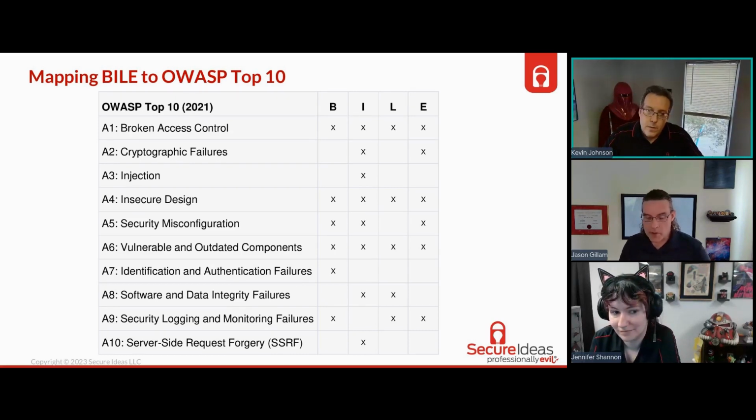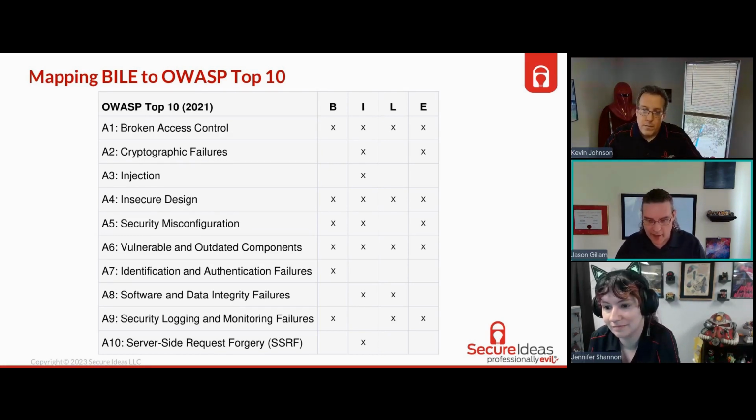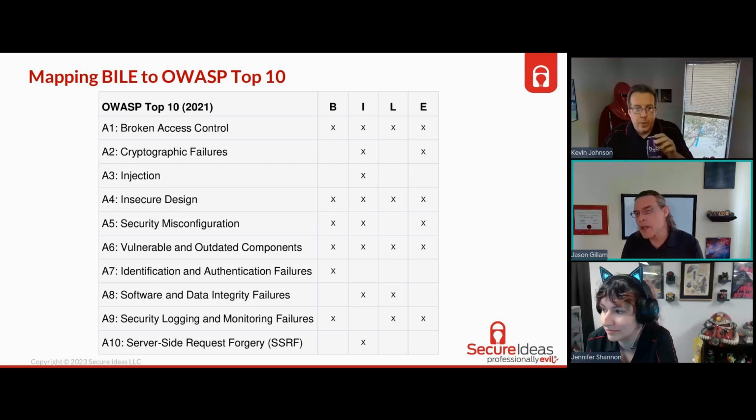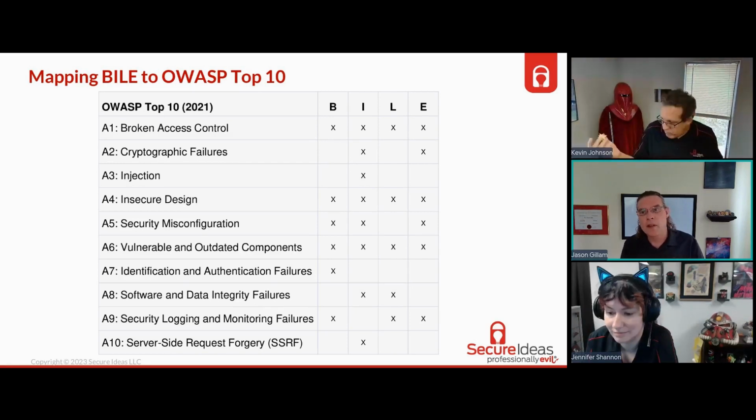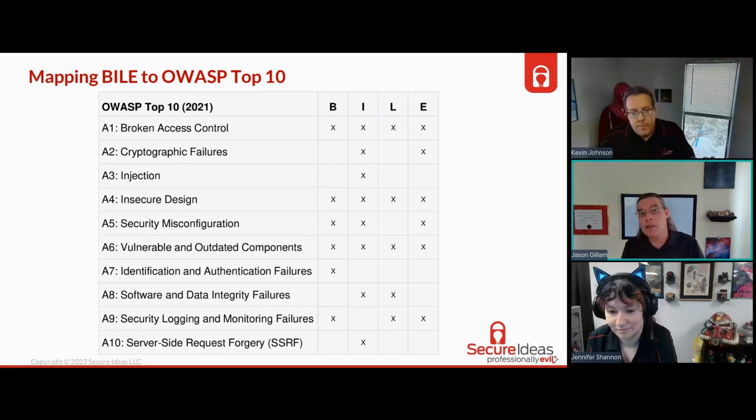Okay, so my perspective on this is that the problem we're solving with BILE is we're giving ourselves a schema to group our frame of mind for doing a pen test. The OWASP Top 10 doesn't do that very well at all because it's a list of vulnerabilities, and it's not comprehensive, right?